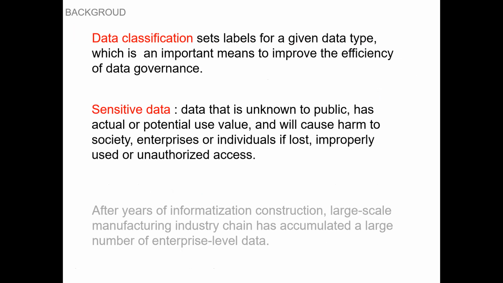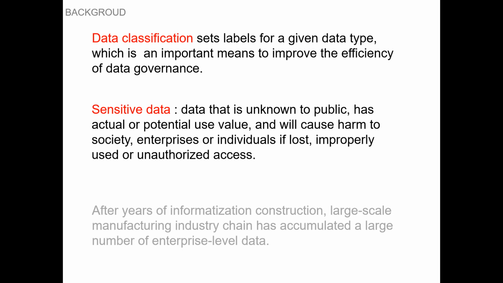As mentioned before, with the continuous progress of science and technology, the era of big data has arrived. Although big data brings a lot of convenience, the huge information base also brings some difficulties for accurate information screening. Therefore, the effective classification of data is an important means to improve the efficiency of data governance. Data classification sets labels and categories for a given data type.